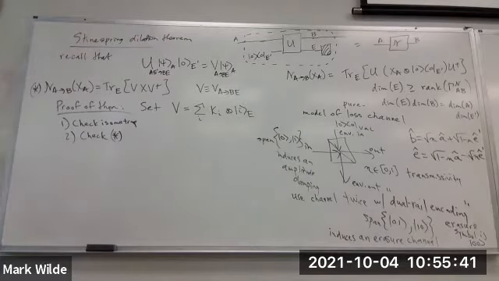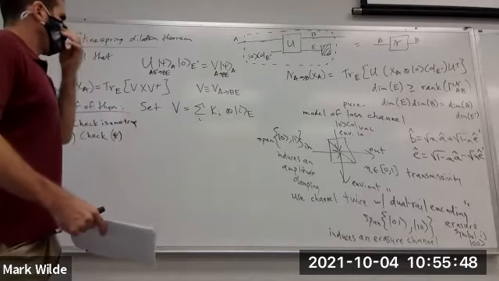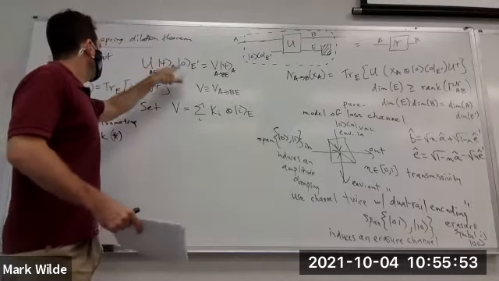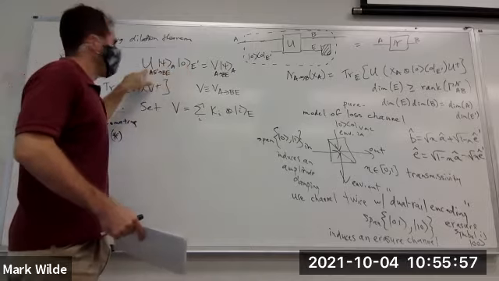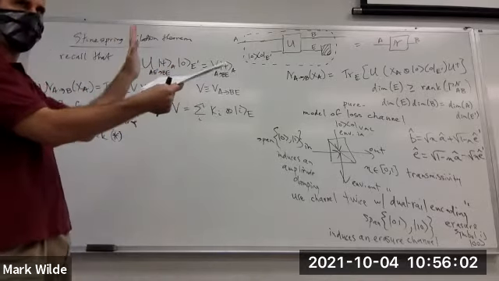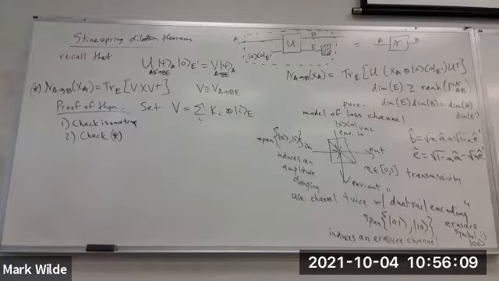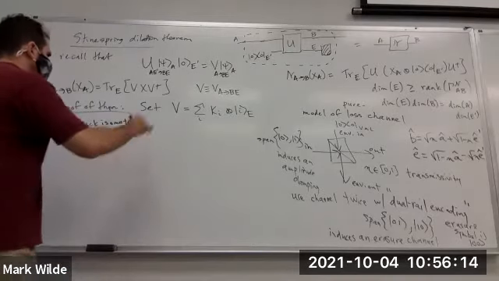You just have to ensure the conditions of unitarity are met. But all that's going to matter is how U acts when the environment is initialized to the 0 state. And this initialization is what ends up picking off some columns of the unitary matrix to be the rectangular matrix for the isometry. Okay? So check isometry. Let's do that.